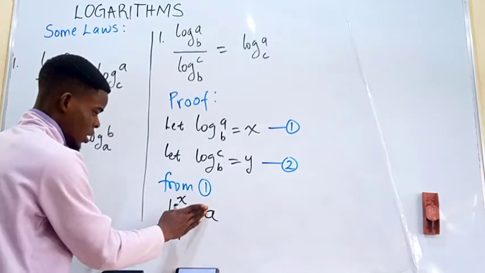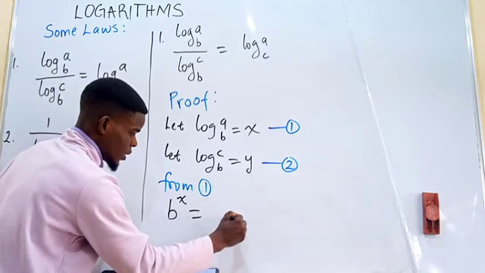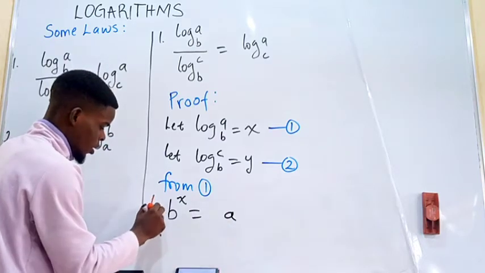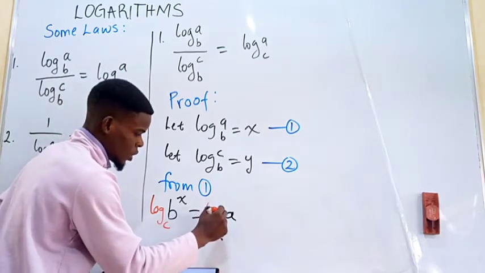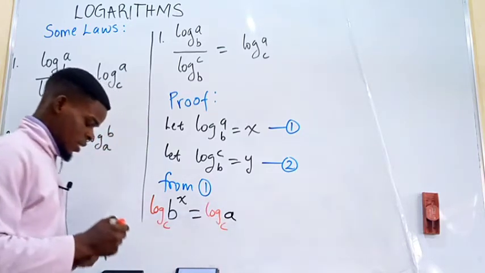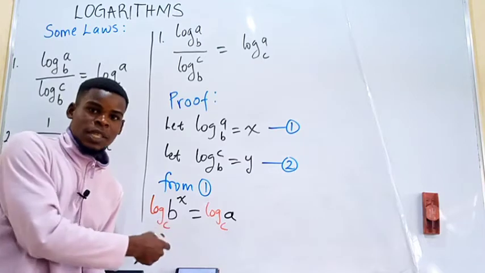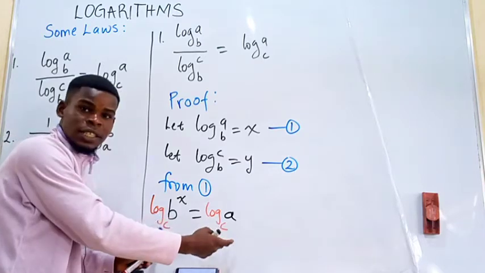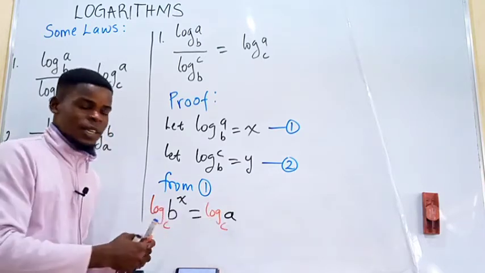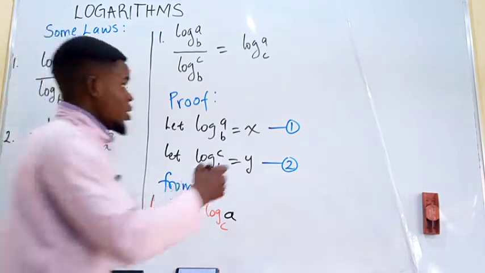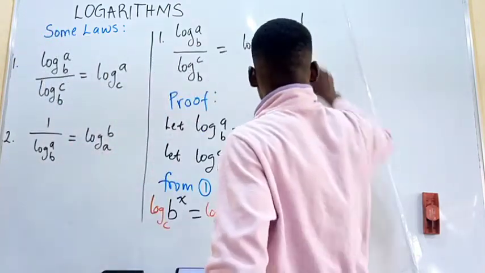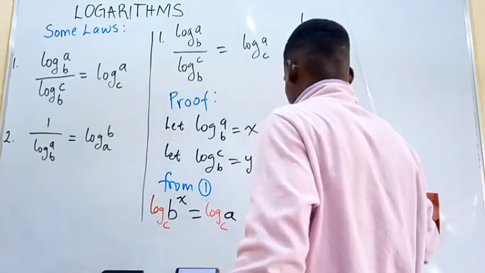Let me clean this up. So this is a right here. This is going to be the logarithm to base c, and here also the logarithm to base c. Since the bases are the same, we have not changed anything because we are doing it to both sides. From here, I'm going to rewrite this in a better way over on this side so that we see it properly.